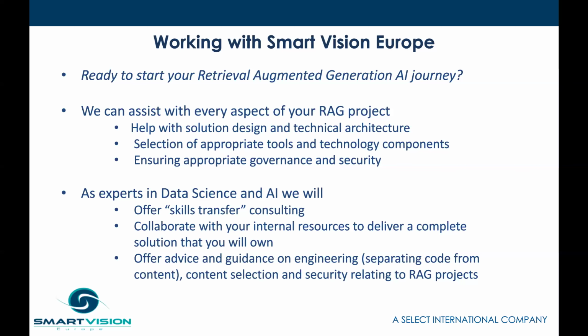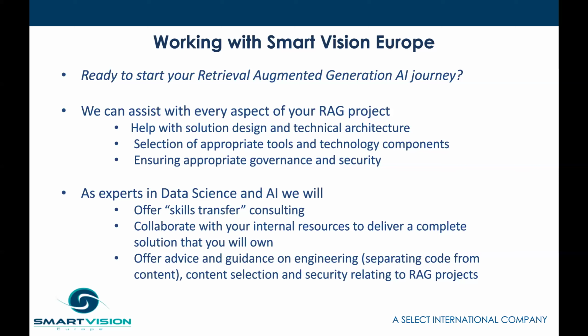As experts in data science and AI, we would normally work with you on a project, maybe starting off with a little proof of concept, just to try it out. But the goal would be to teach you how to do this yourself, so that once you've got a version one set up, you'd be empowered and knowledgeable enough to go off and do your version two and manage and maintain that solution yourself.